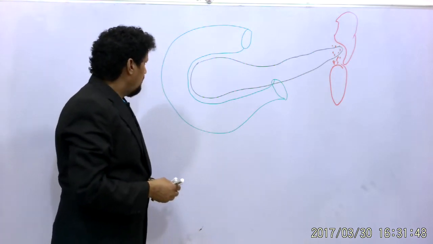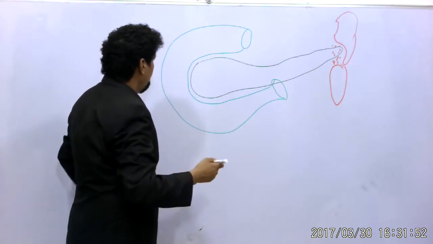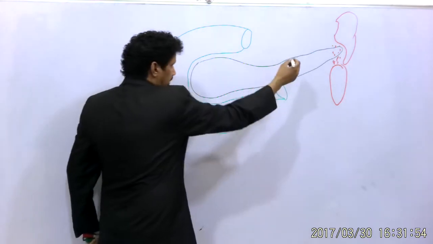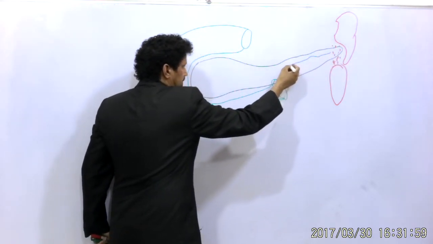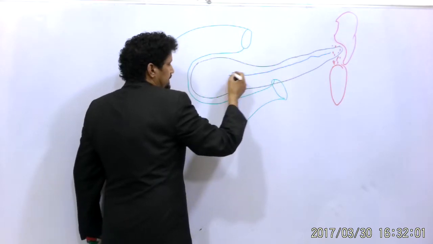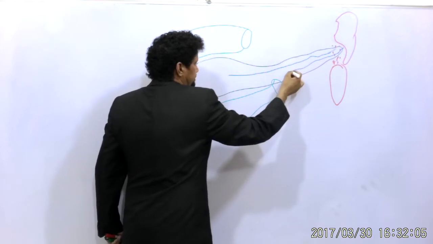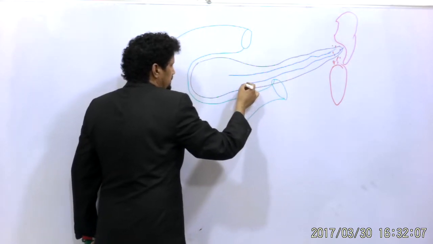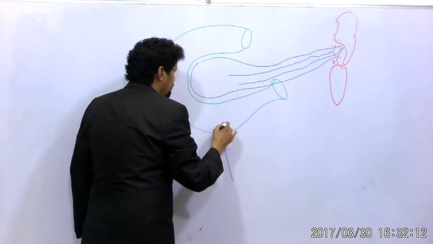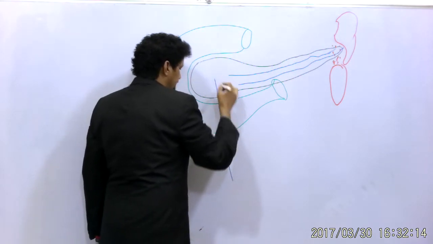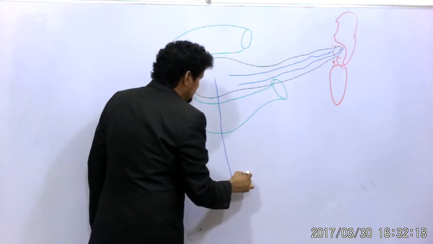The blood is poor in oxygen, so it is bluish in color. Here is the splenic artery coming from the hilum of the spleen, and this is the superior mesenteric artery. This is the posterior part of the neck of the pancreas.